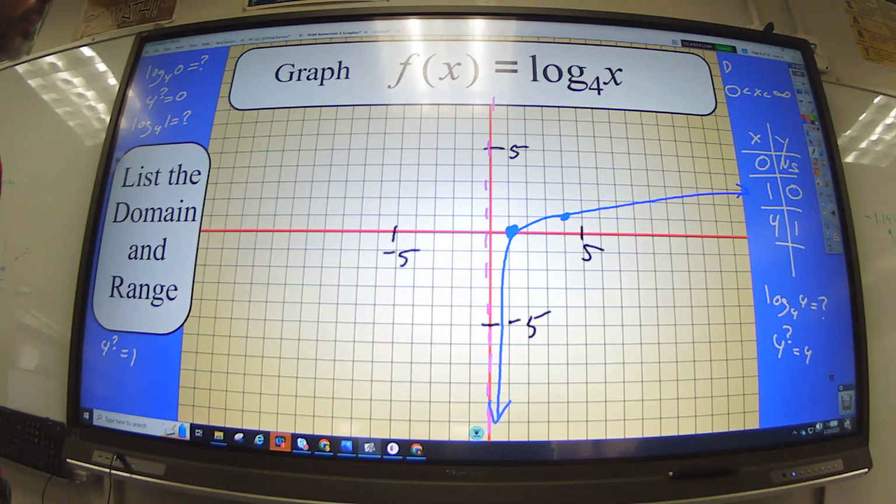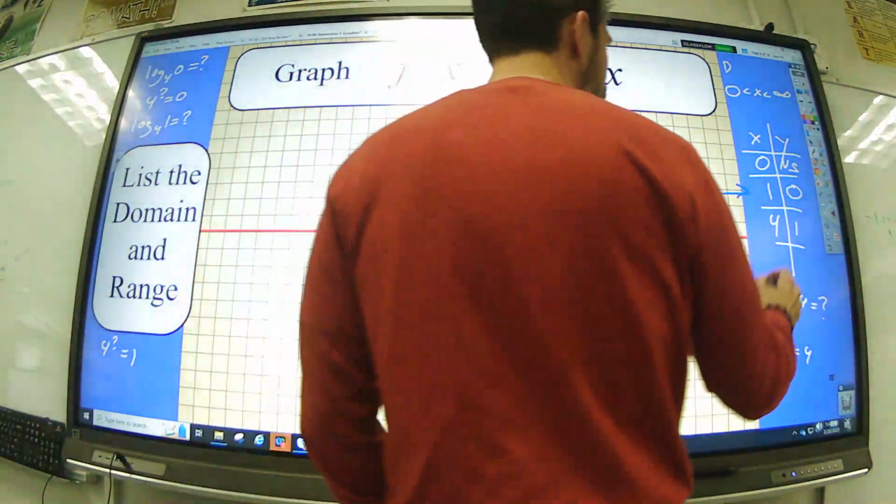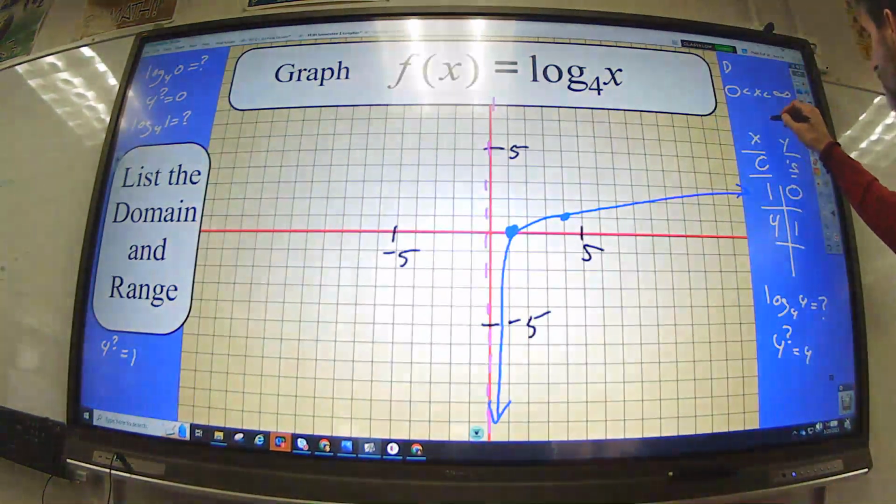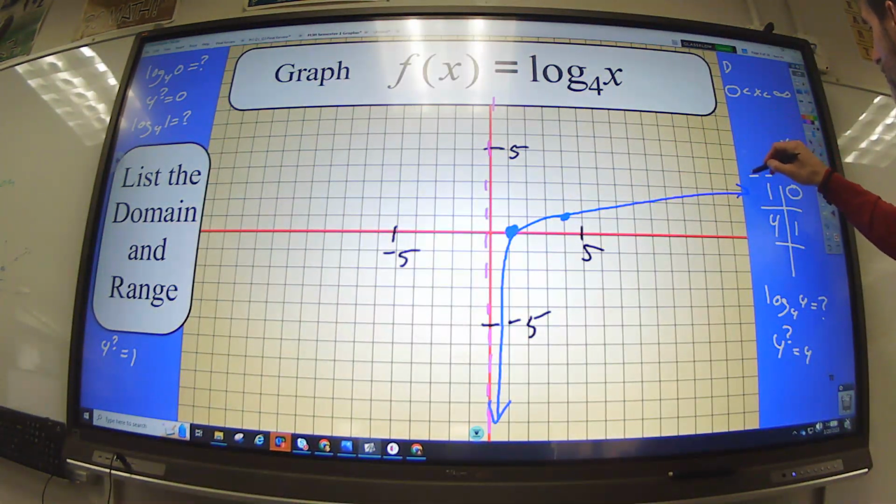And the range, I'm running out of room here. Shoot. I guess I'll erase this. Oh, sorry, you guys. I feel like I should leave that there, though, for the video people.